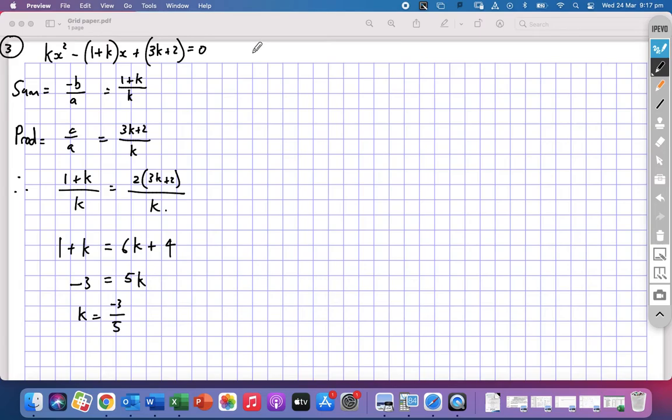What would that mean for our quadratic? Minus 3/5 x squared minus, okay, 1 minus 3/5, that's 2/5. Plus, I'll leave this one in brackets, 3 times minus 3/5 minus 9/5, plus 2 equals 0.